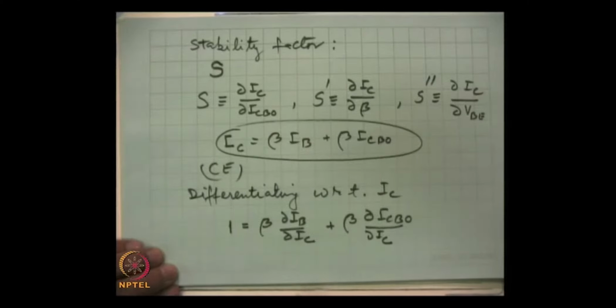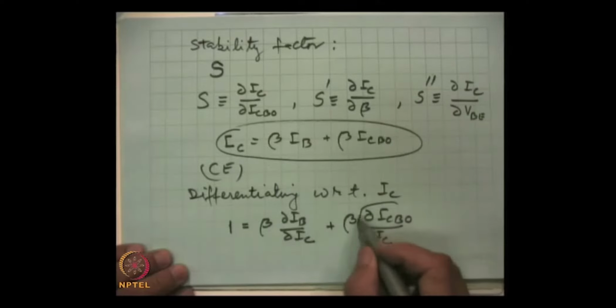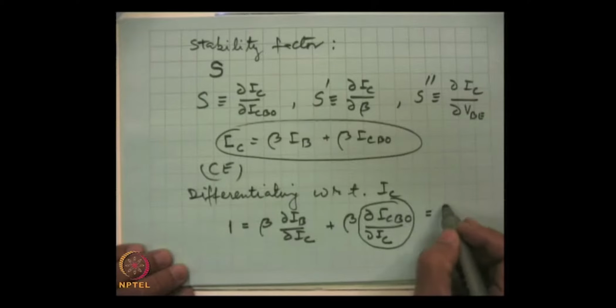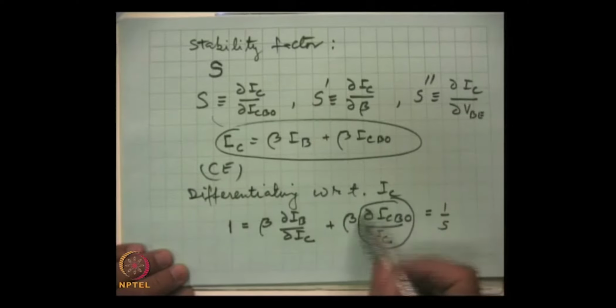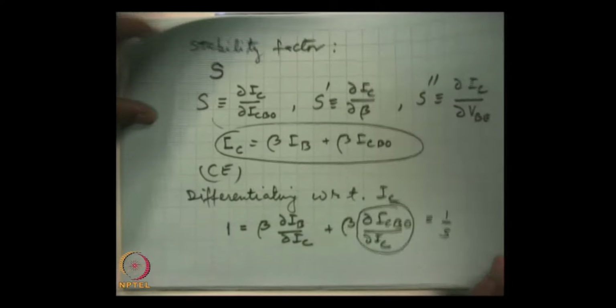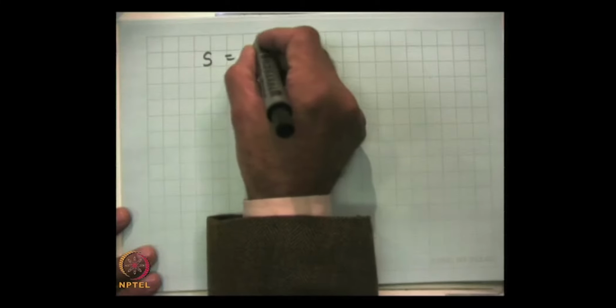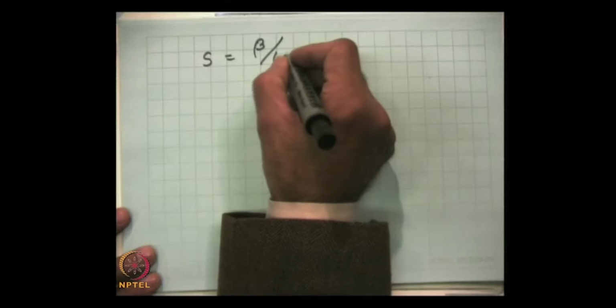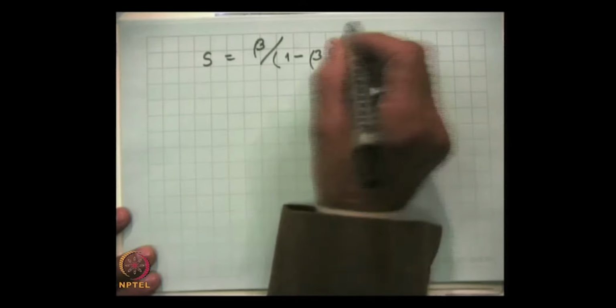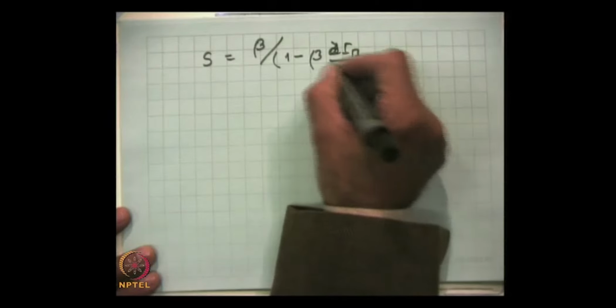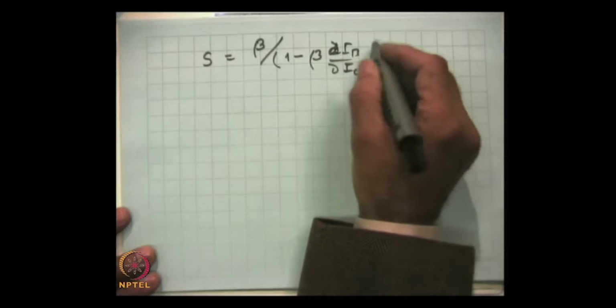Now, this term is equal to 1 by S. So, we can write this in this form: S, the stability factor, is equal to beta divided by 1 minus beta dIB by dIC.